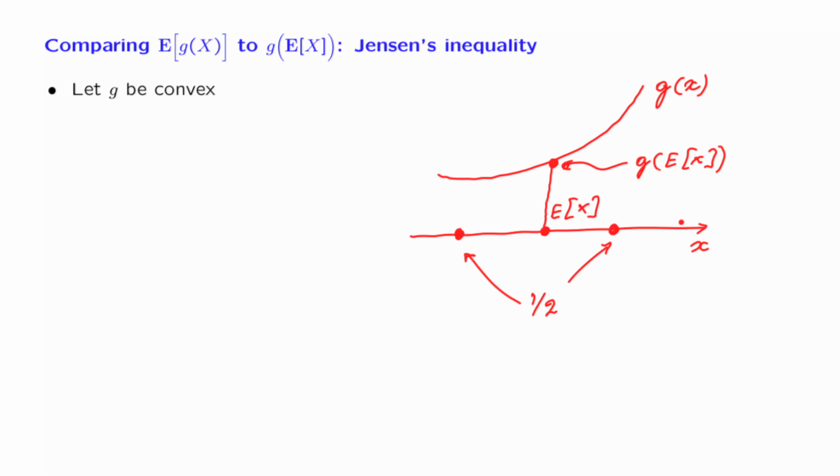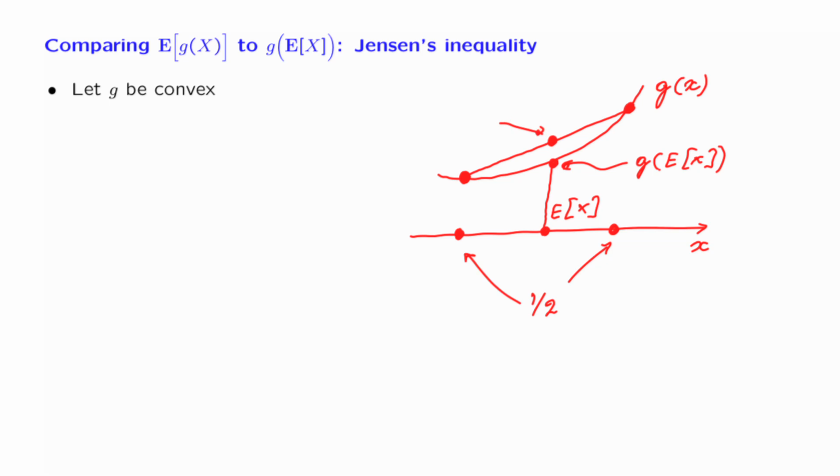Now, the random variable g of x will take this value with probability 1/2, and it's going to take that value with probability 1/2. What is the average of g of x, the expected value of g of x? It's going to be 1/2 of this value plus 1/2 of this value, which you can find as follows. If you draw a straight line, it's going to be this much.